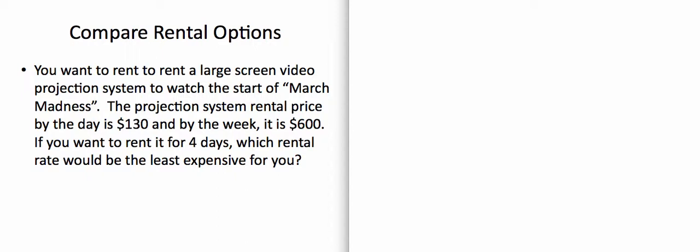So you rent a large screen video projection system to watch March Madness. The rental price is $130 per day, or for a 5-day week it's $600. If you rent it for 4 days, which rate would be the least expensive to you? If you rent it for the whole week and take the weekly price, you pay $600.